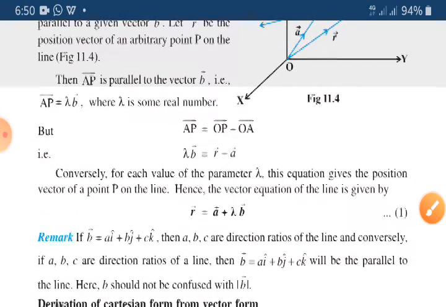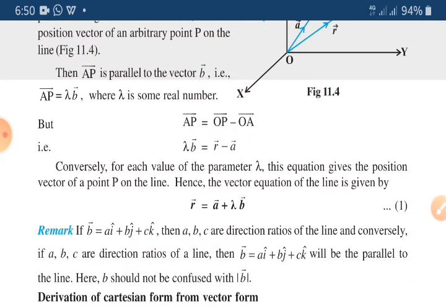Conversely, for each value of the parameter, this is the position vector of a point P on the line.